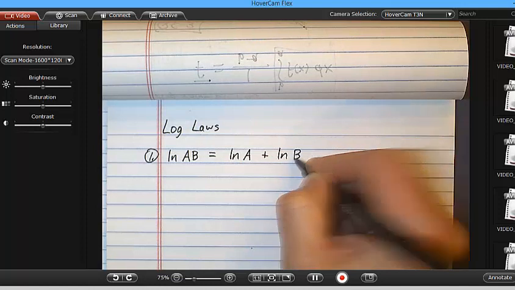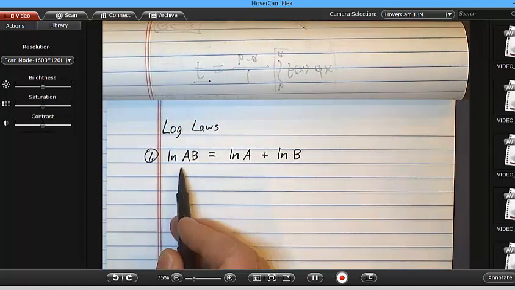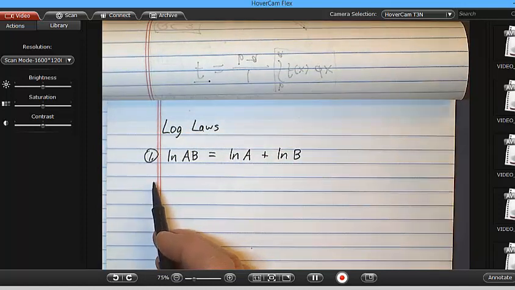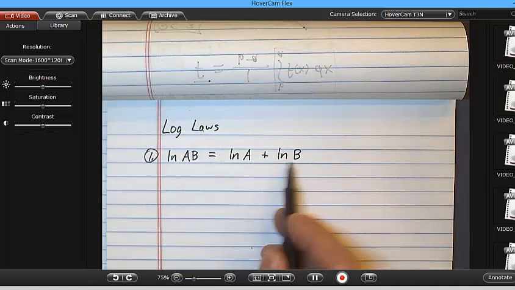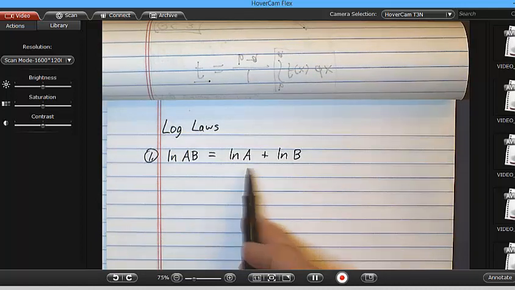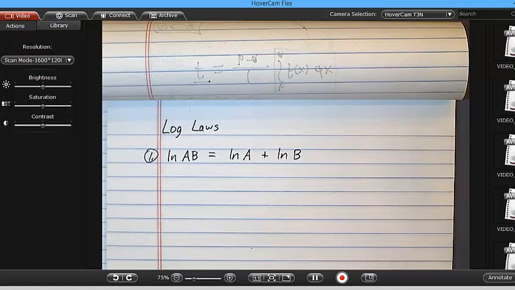It turns out that the natural log of a product is equal to the sum of these natural logs, okay?